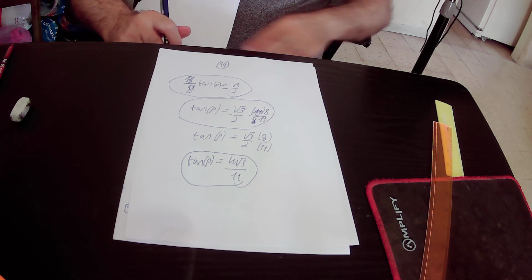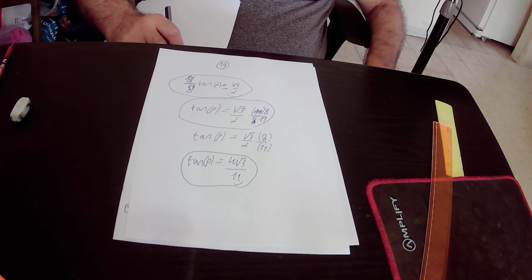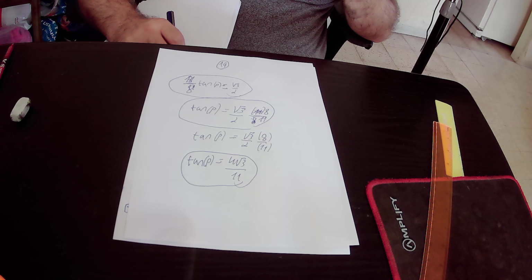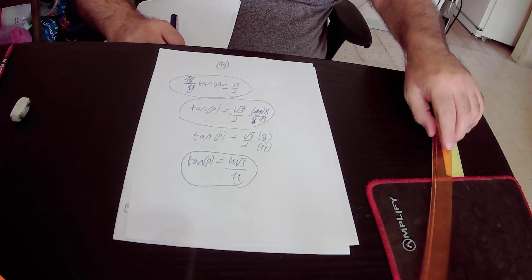But the function tangent actually expresses the relationship between the sides of a right triangle.